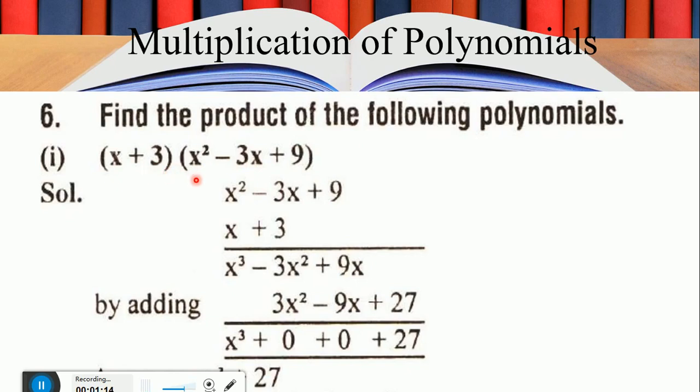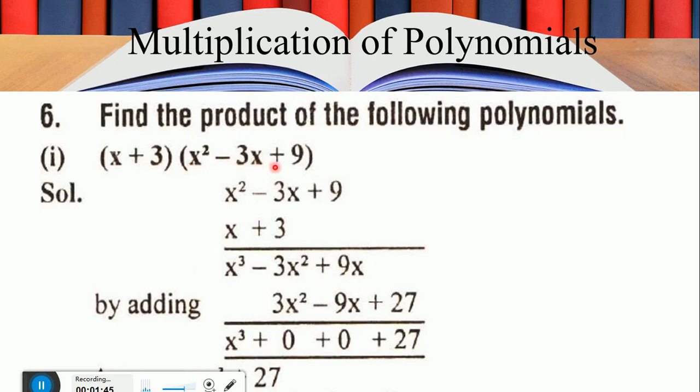So its first step is, we will write the given polynomials in a vertical form like this. Write first that polynomial which has more terms. In both polynomials you can see that this polynomial has 3 terms and this polynomial has 2 terms.